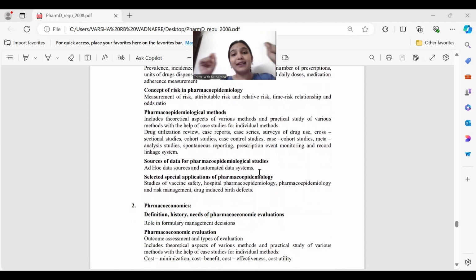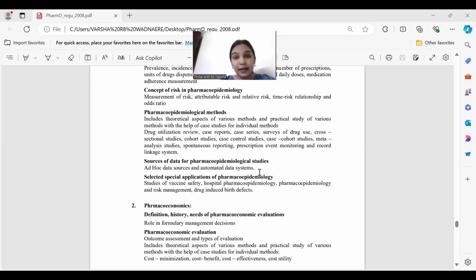So you will be learning these studies, and if you want to see which treatment is more beneficial in a particular area or criteria of patients, then which type of study you will have to conduct and what that study tells you.